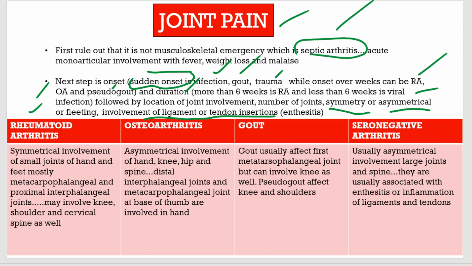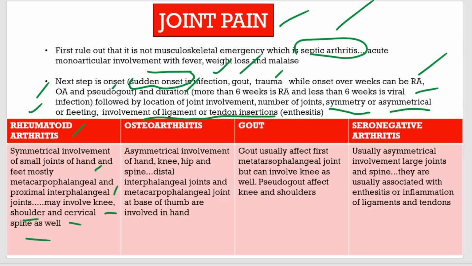Now, roughly, rheumatoid arthritis usually has symmetrical involvement of small joints of the hands and feet, mostly metacarpophalangeal and interphalangeal joints, but it may also involve the knee, shoulder, and cervical spine.